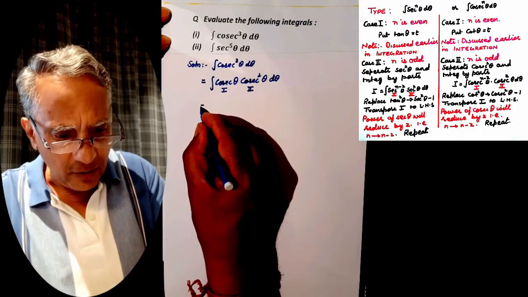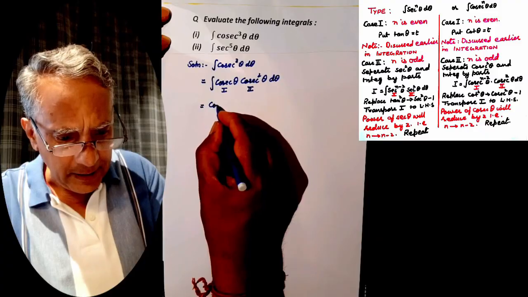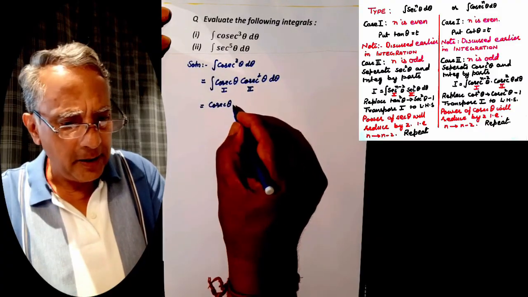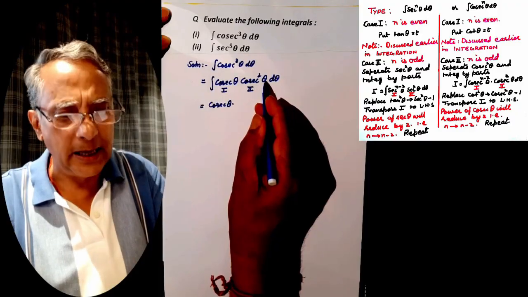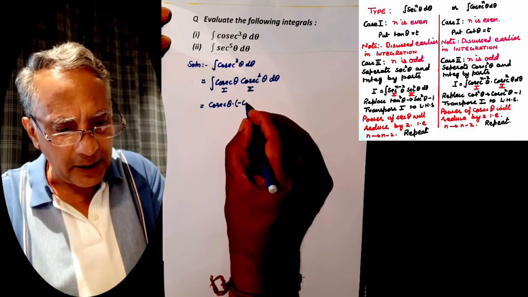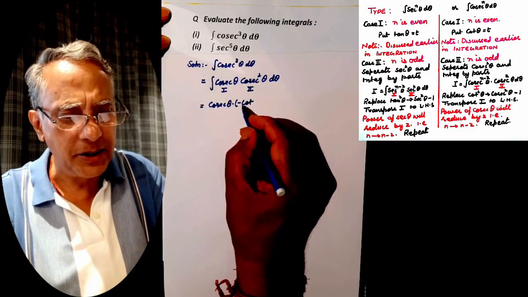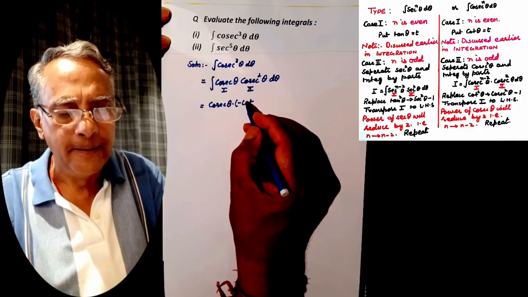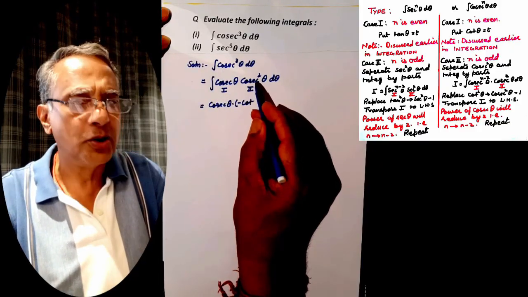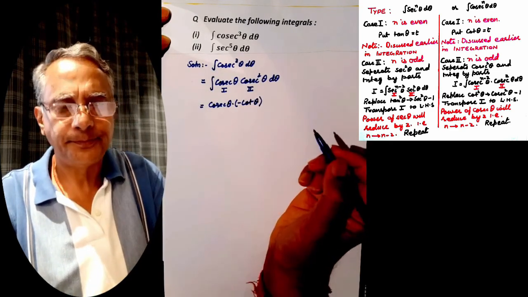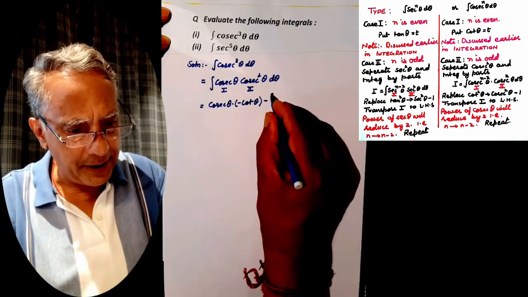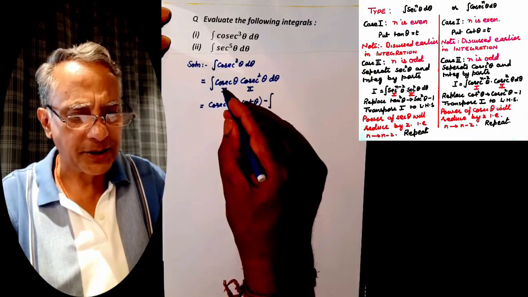What we get is first function, that is cosecant theta, into integration of second. Integration of cosecant square theta is minus cotangent theta, because the differential of cotangent theta is minus cosecant square theta. So minus cosecant theta cotangent theta, minus integral of differentiation of first into integration of second.